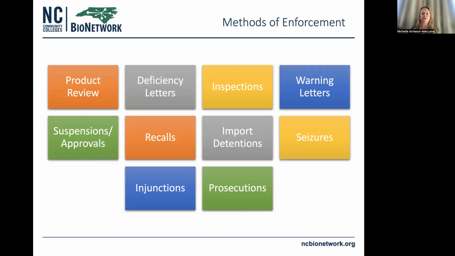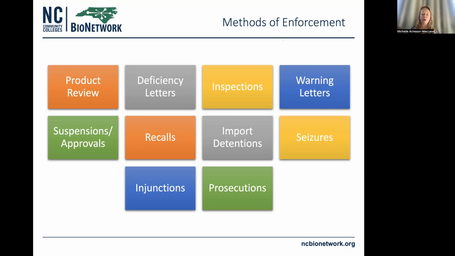Now, for methods of enforcement for regulators, they can look at our product, review it, they can test it, they can come audit us and do an inspection, look at our paperwork, look at how we're functioning and see if we're doing what we're saying we're doing. If we're not, there's a good chance that we'll get a deficiency letter or a 483.